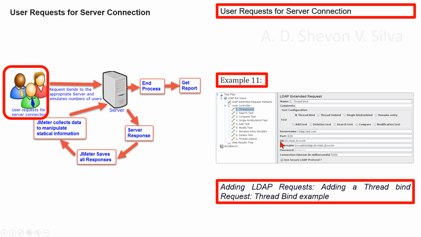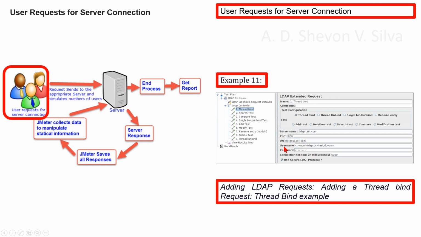For example, when all information is stored under OU equals users, DC equals test, and DC equals com, you can use this value in the base DN.